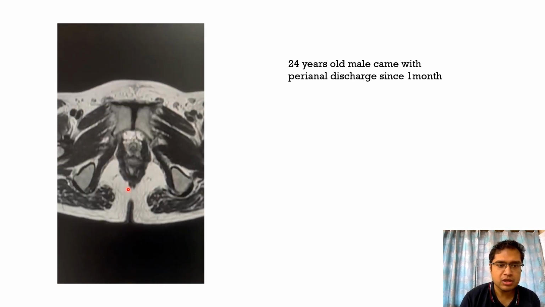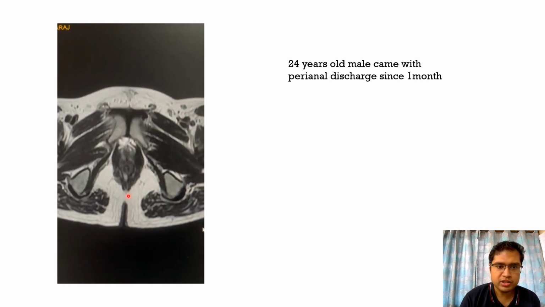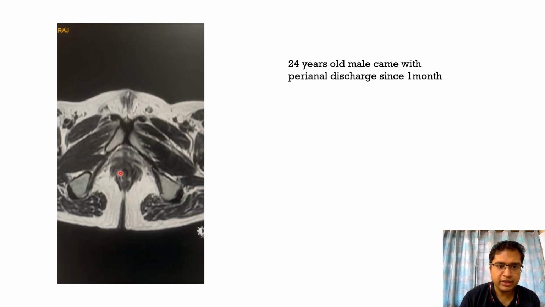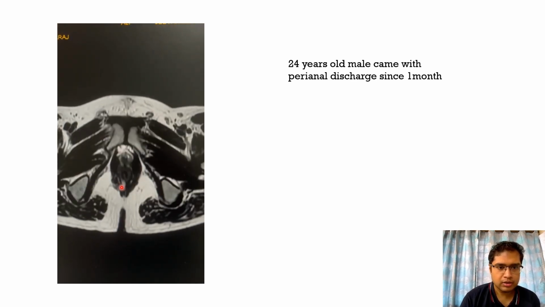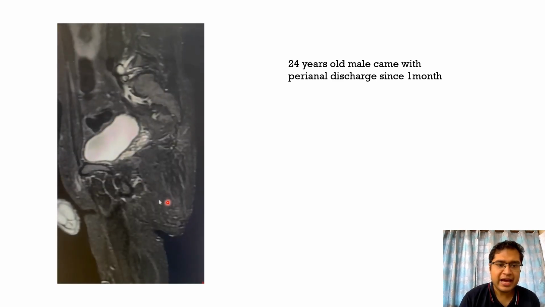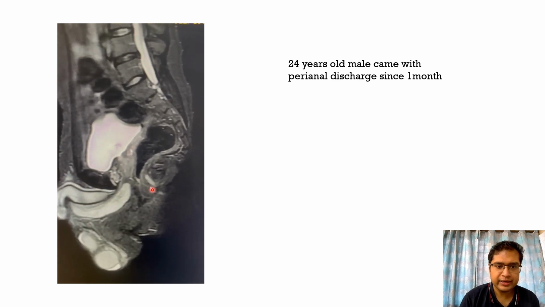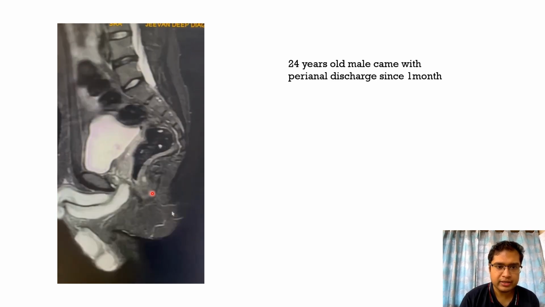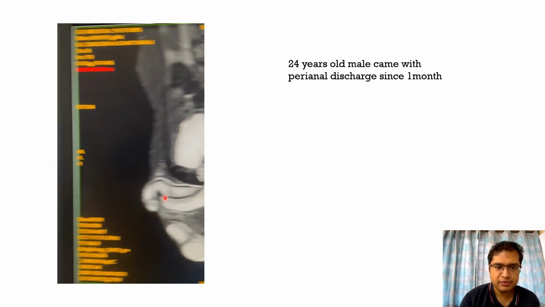Where we can see the hyperintense fistulous tract in the 6 o'clock position ending into the external sphincter. These are the SAG STIR images, where again we can see this dilated fistulous tract extending from the perianal region to the external sphincter.